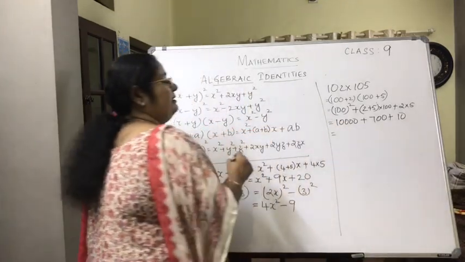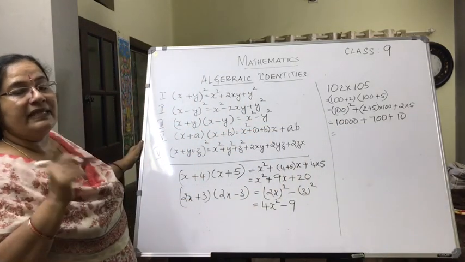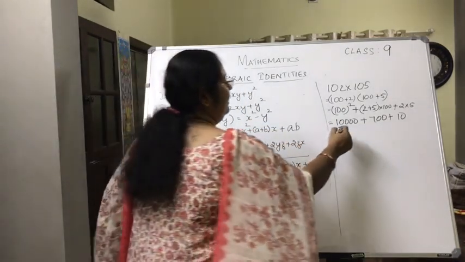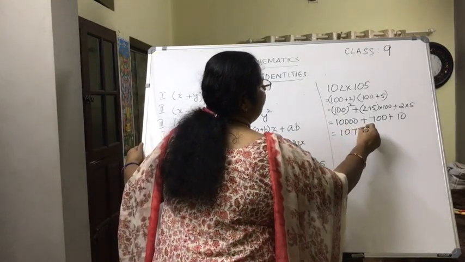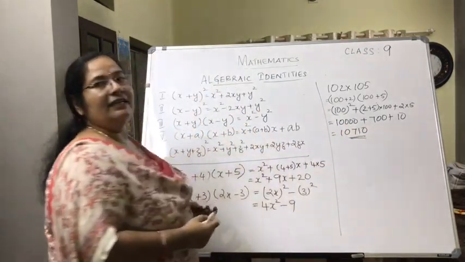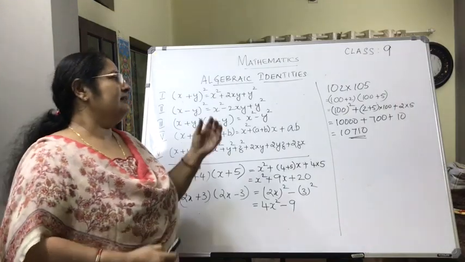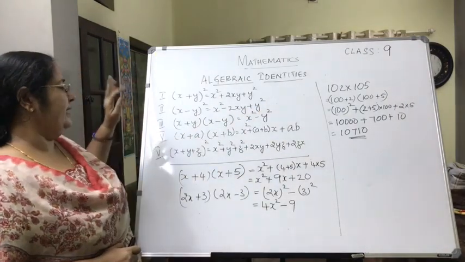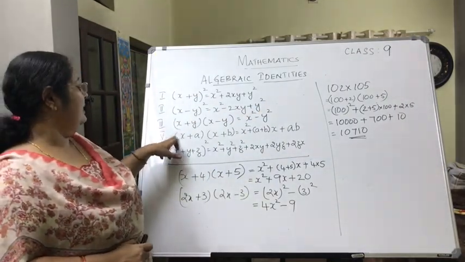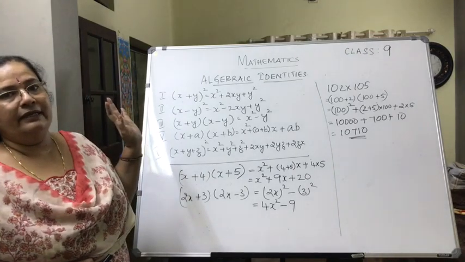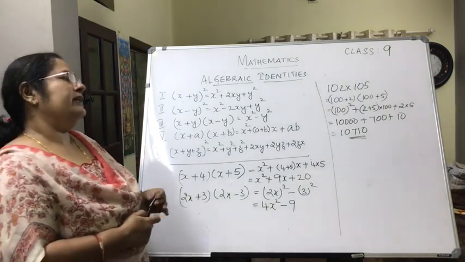So when you add this, 10,000 plus 700 plus 10 will be 10,710. So without sitting and multiplying directly, we have found it out using the identity. Which identity did we use there? The fourth identity. Clear? One more example I give you.